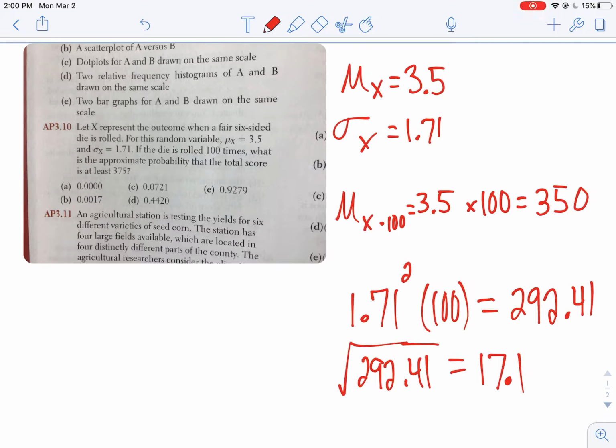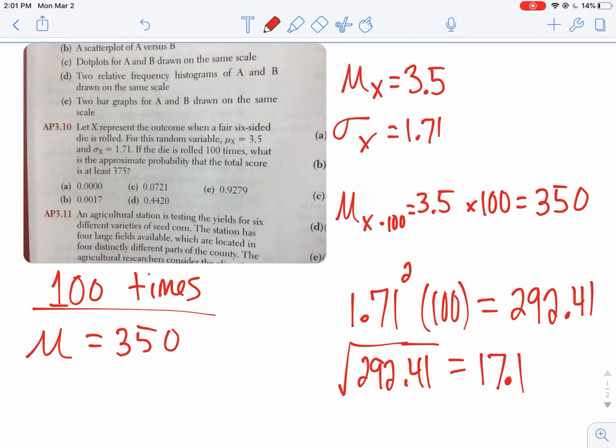So again, I found the variance, and then I used the variance to find the standard deviation. So now I have a standard deviation for this distribution. If I'm doing it out of 100 dice rolls, mu is going to equal 350. Standard deviation now is going to be 17.1.